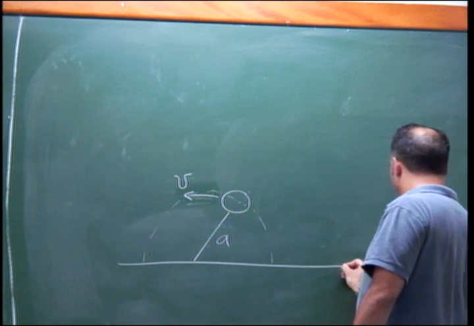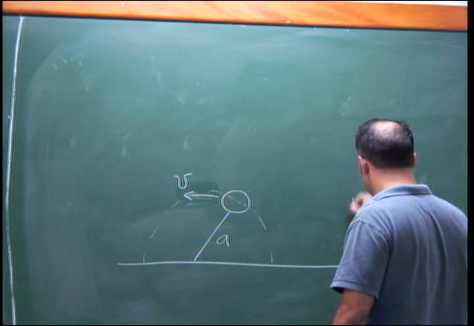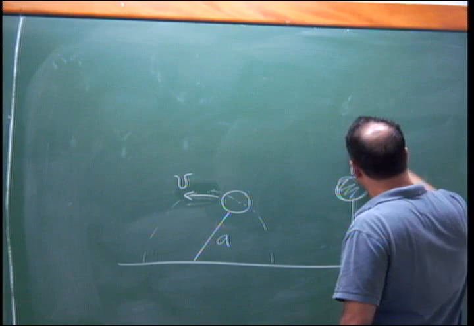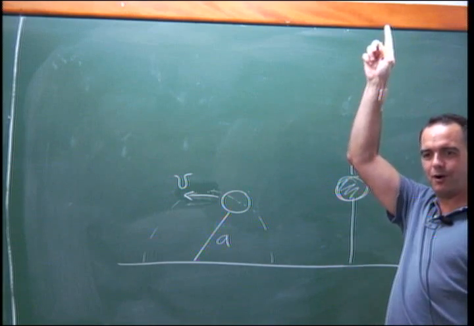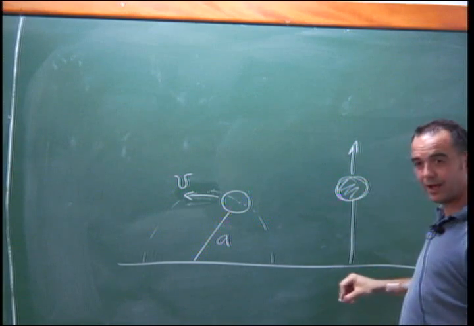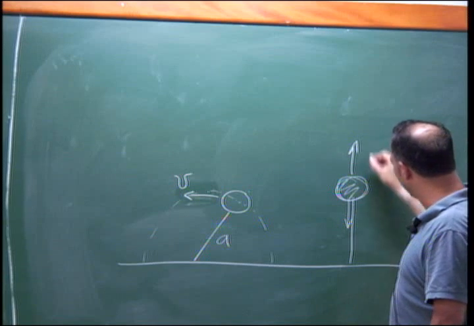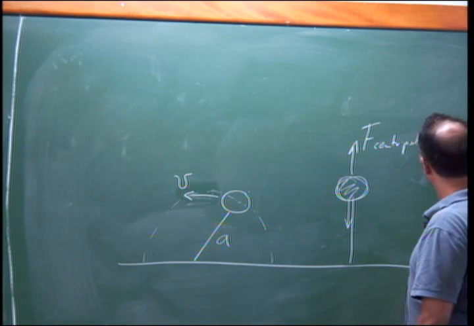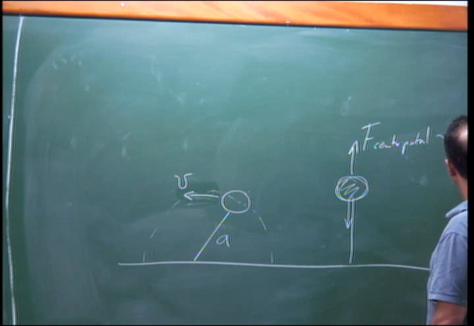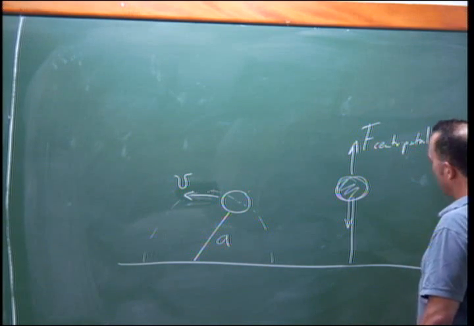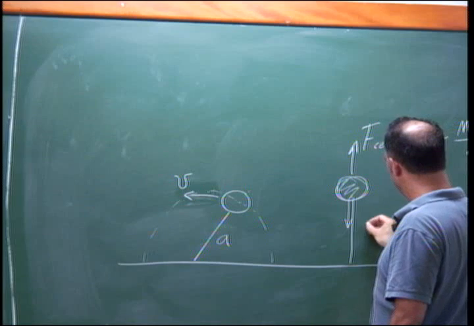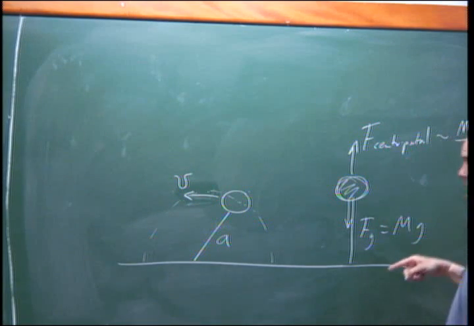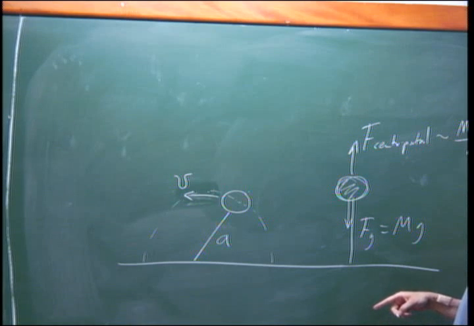Let's consider it. At this point here, your centripetal force wants to lift you off, and gravity wants to pull you down. So the ratio of those two forces, centripetal, mu squared over a, and then gravity mg, is the Froude number.